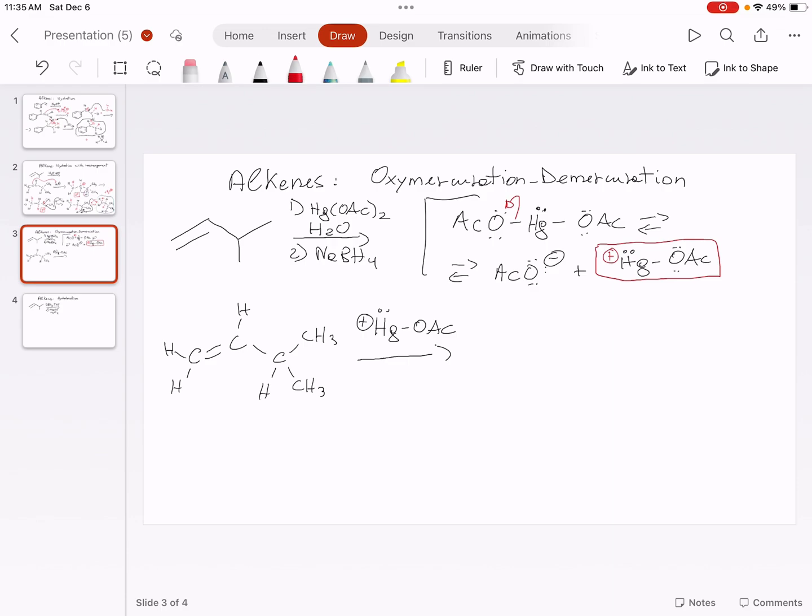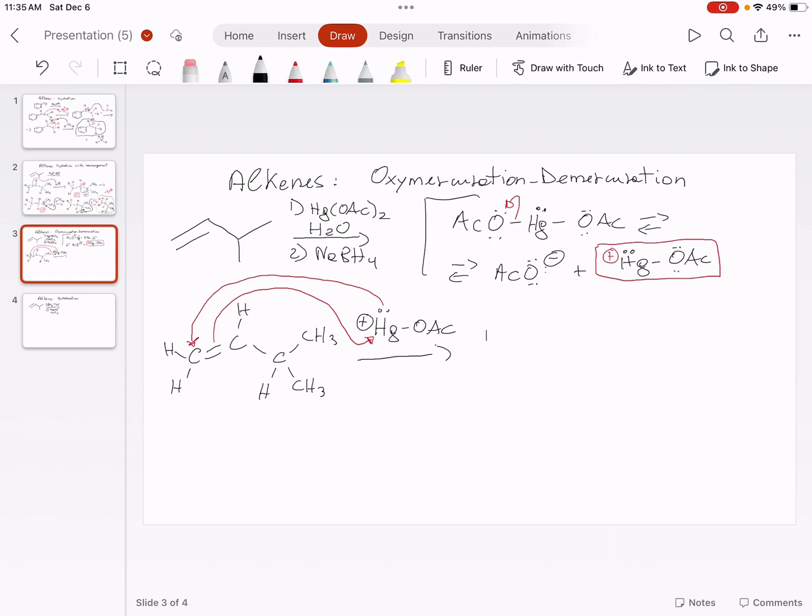There are no rearrangements, so a new kind of intermediate forms. So the alkene, as usual, will attack the electrophile. But what was discovered, because of the products that were obtained without any rearrangements, is that somehow the carbocation doesn't form. That is because before the carbocation forms, the mercury attacks the other carbon.